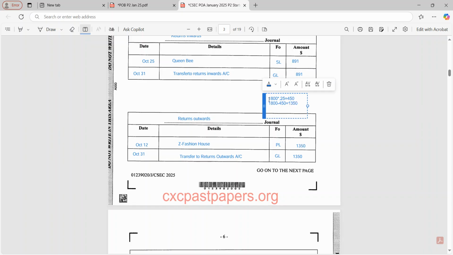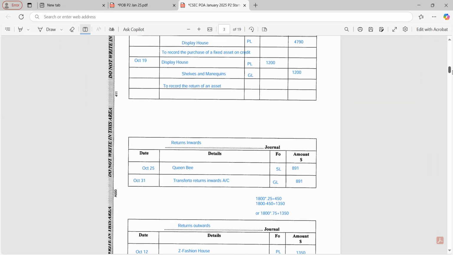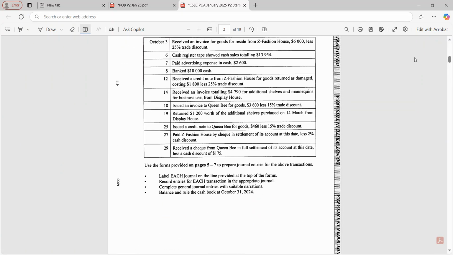And I'm saying that this is the same thing as 1,800 multiplied by 75%. All right. So I hope you get this concept before we finish this video. So when you're working with percentages, you have different ways to work with it.